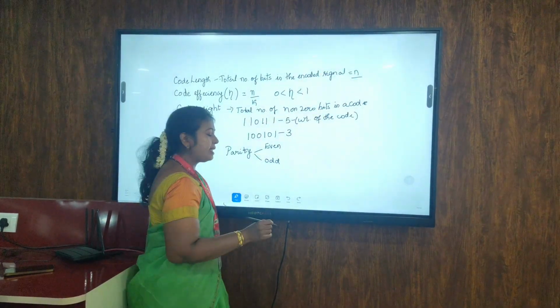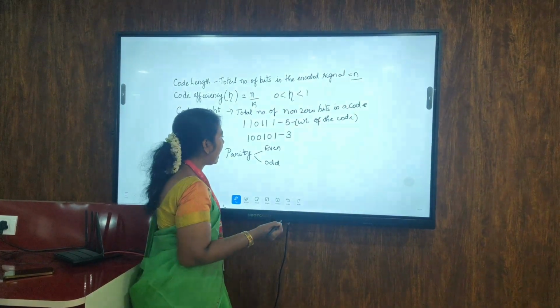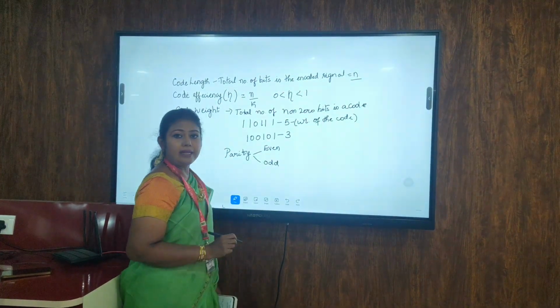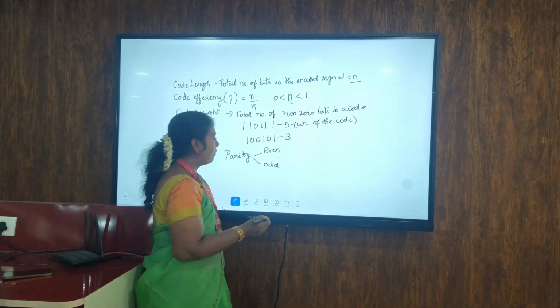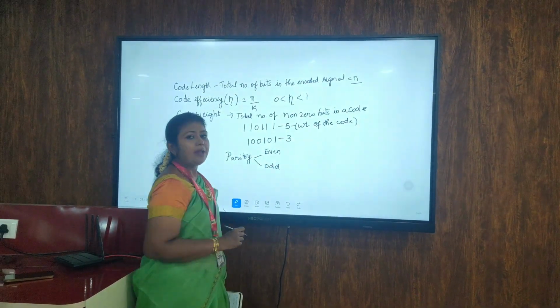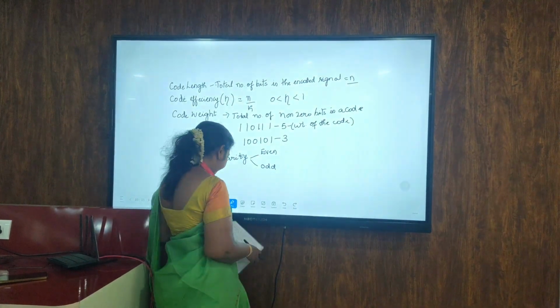If the number of ones in the encoded bits is even, we call it even parity, and if the number of ones is odd, we call it odd parity. This is used for error detection and correction purposes.